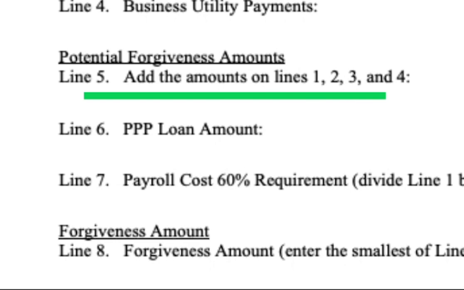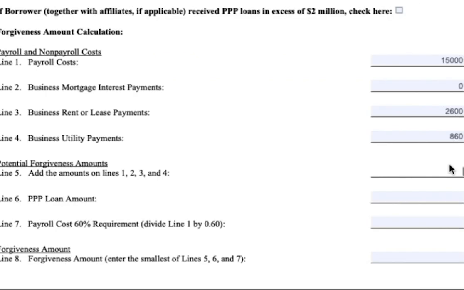Potential forgiveness amount. All you're doing on line 5 is adding up 1, 2, 3, and 4, and that is your potential loan amount forgiveness. Okay? So you want to add those line items up and put that dollar amount on that line item.